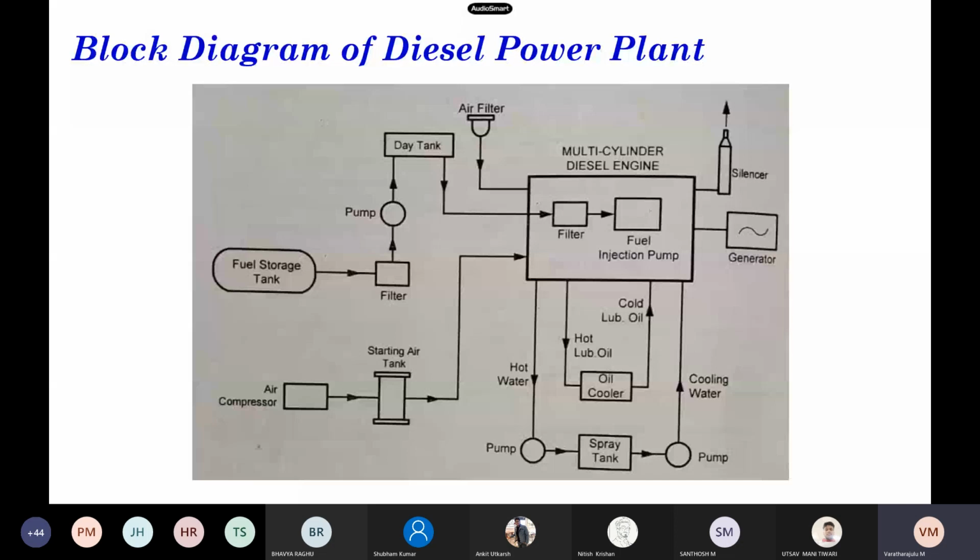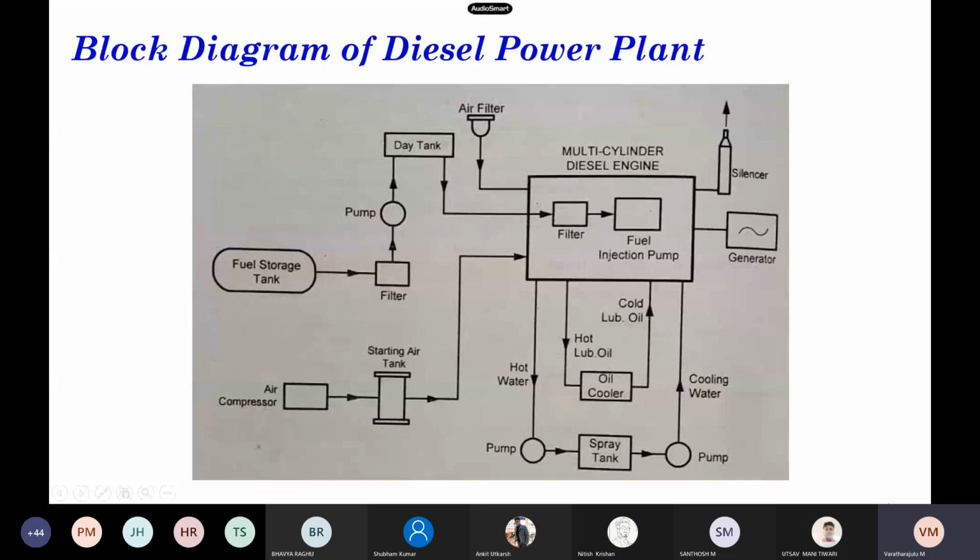It can be used as a standby plant for the hydroelectric power plant or thermal power plant, for emergency service, and as a peak load in combination with thermal or hydro loads. It is also used in transportation systems like automobiles, railways, aeroplanes and ships. This is the major power source, and this is the layout.